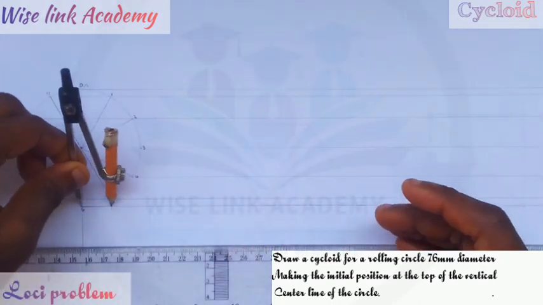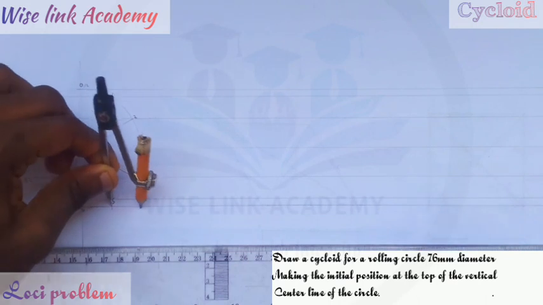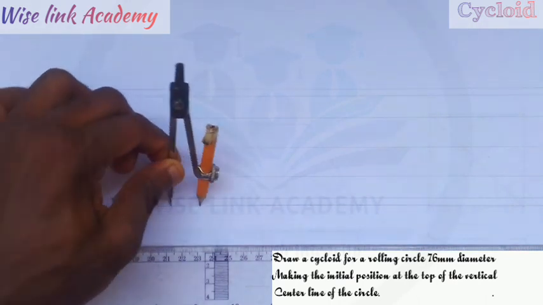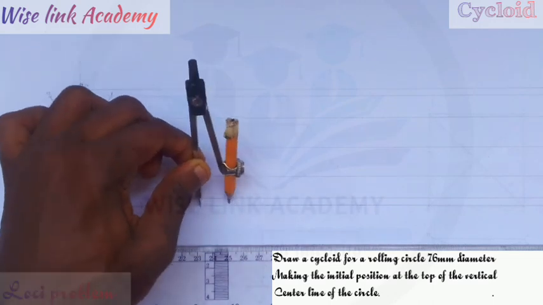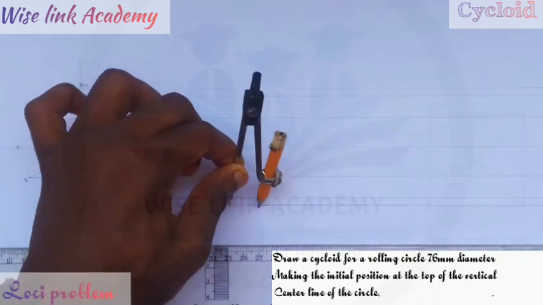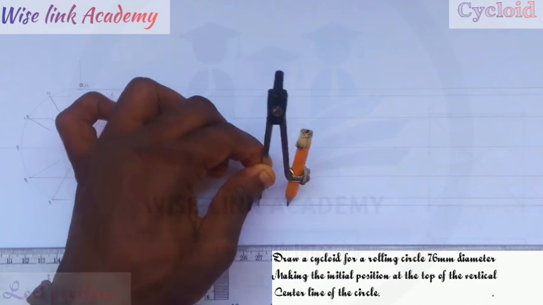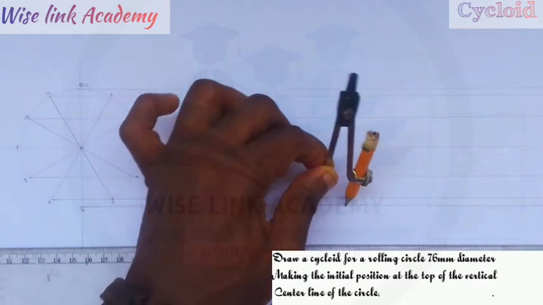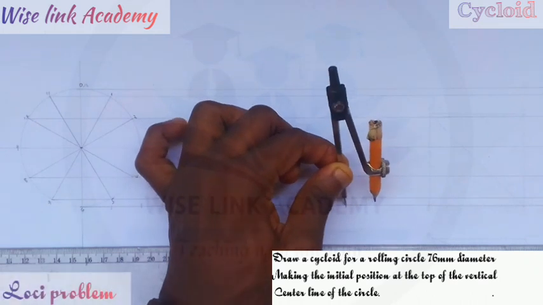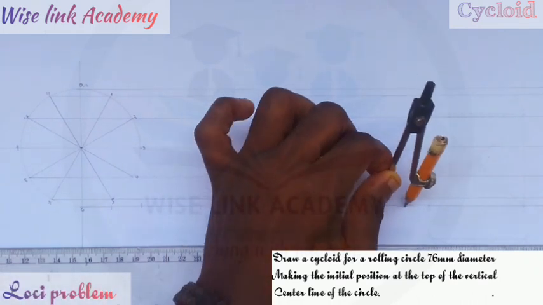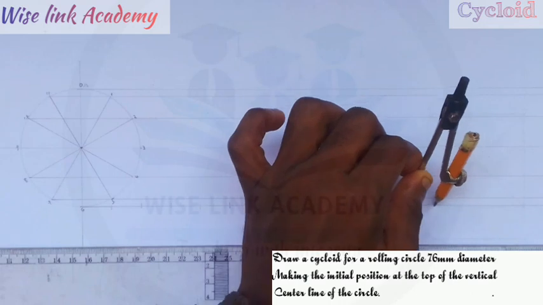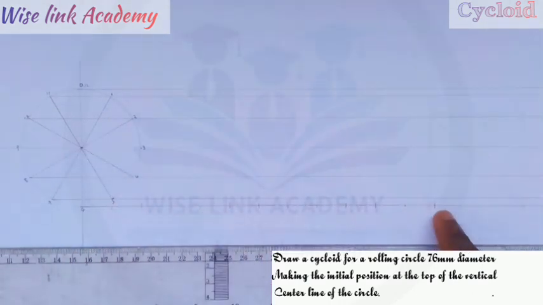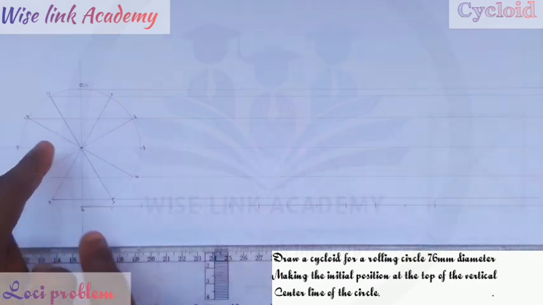This is 1, this is 2, this is 3, this is 4, this is 5, this is 6, this is 7, this is 8, this is 9, this is 10, 11, and lastly 12. I divide the circle into 12, also this into 12. If I use 8, also 8.